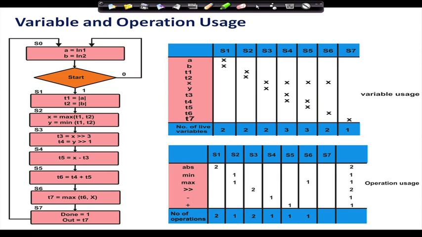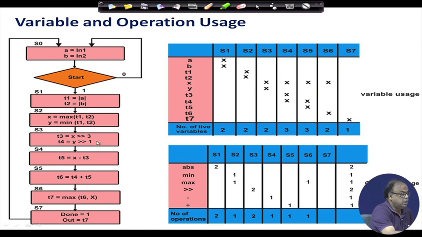For example, at state S3 x is live. Before that x was never live. X becomes live here and remains live in S4, and also x is being used in S6. Therefore, all through this x is live.